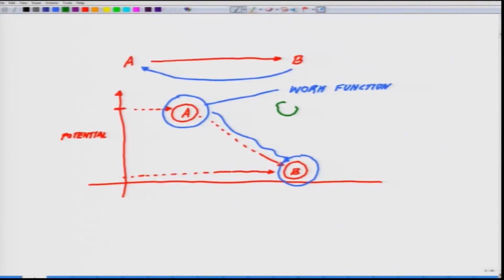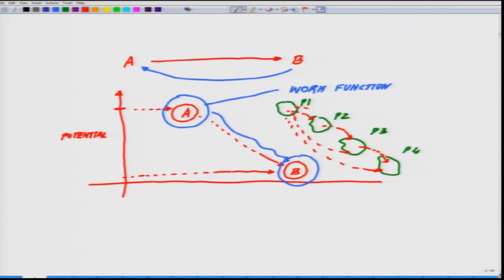For example, one protein sits here, one here, one here, one here. So, if this is called P1, this is P2, this is P3, this is P4, the electron hops like this. Of course, if they are in close proximity, the electron can also hop like this, or any charge, not only electron, can hop like this also.